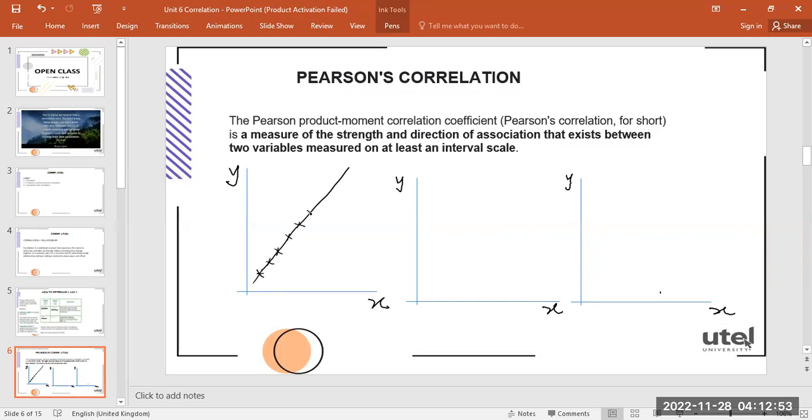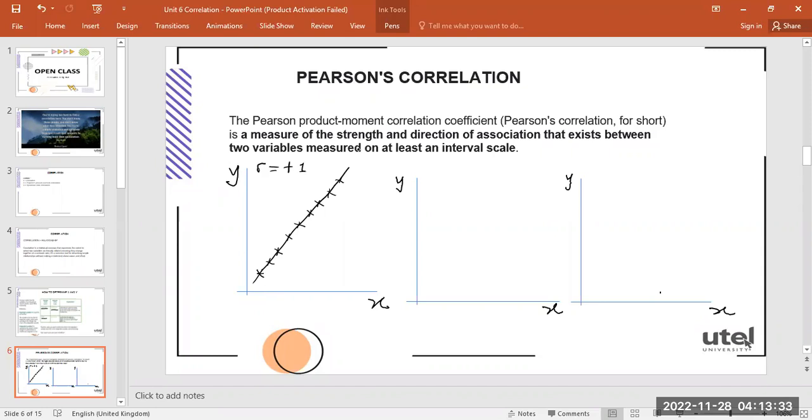In other words, you have a perfect straight line. The relationship in this kind of graph implies that we have a positive, direct, and perfect relationship. So the value of our correlation coefficient R is equal to plus 1, and here we say we have a perfect estimation of prediction. It is important to take note that all plots lie along a straight line.